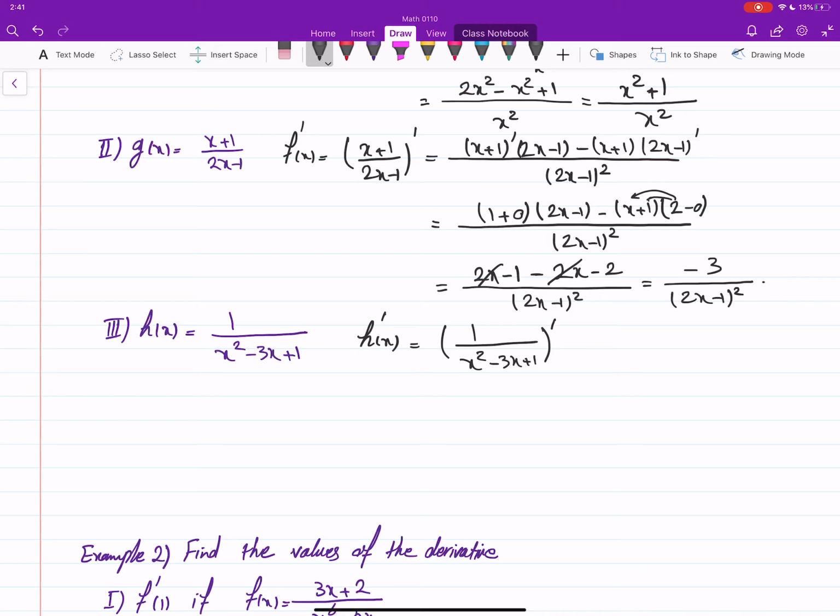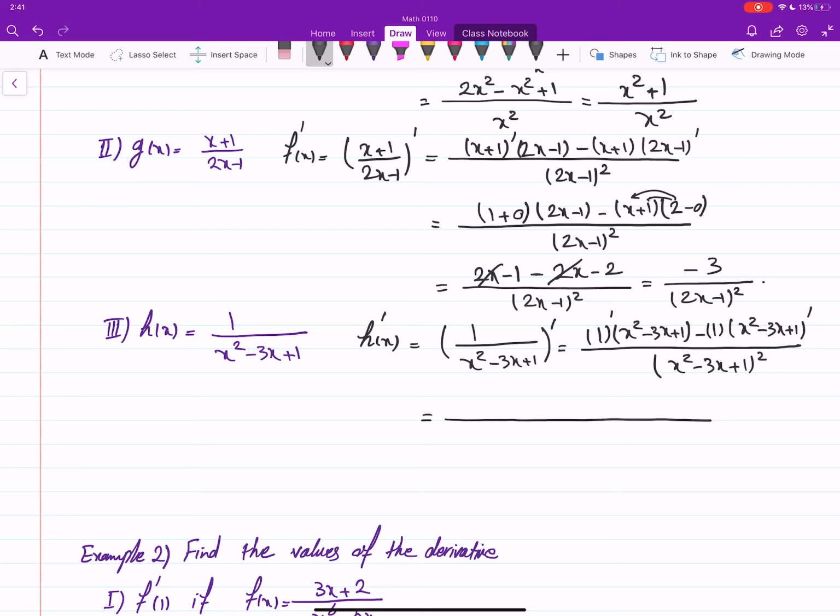So then apply the quotient rule here: the derivative of the numerator times the denominator, minus the numerator itself times the derivative of the denominator, over the denominator squared.